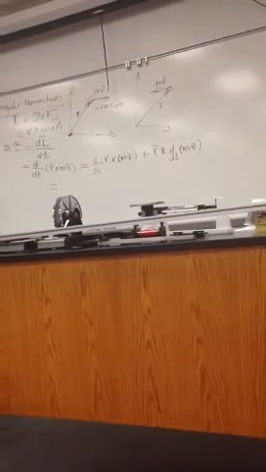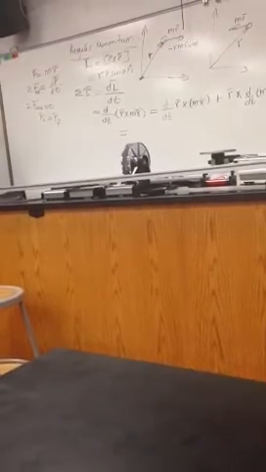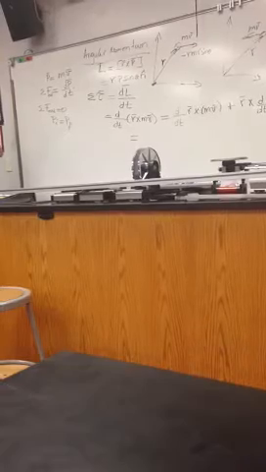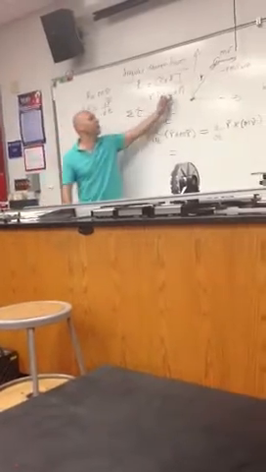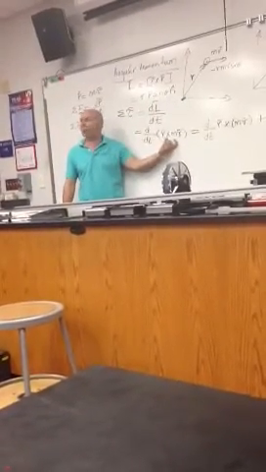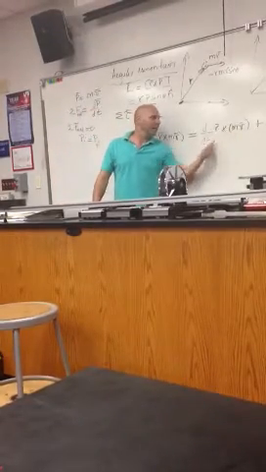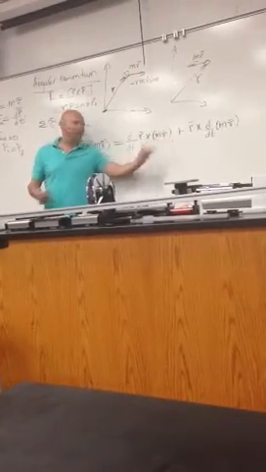What is the angle between the velocity and the momentum, which is mass times velocity? The angle is 0 degrees. Sine of 0 degrees is 0, so this term is 0.